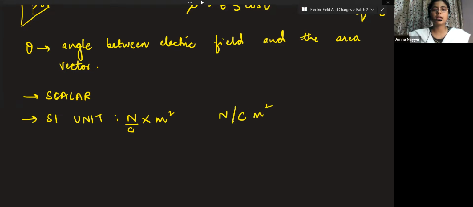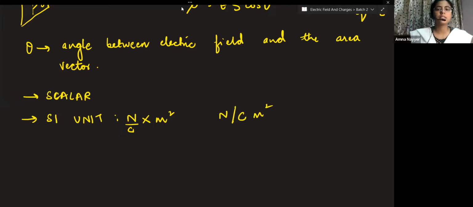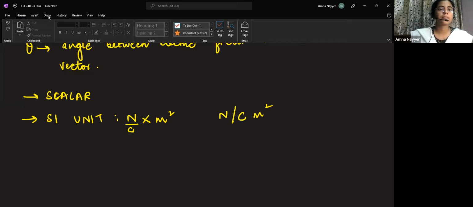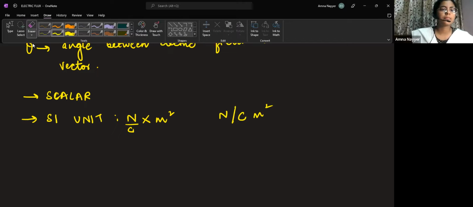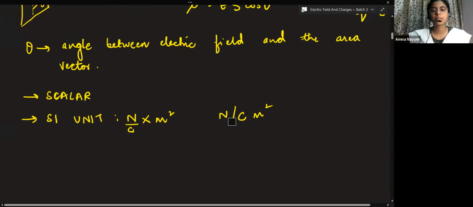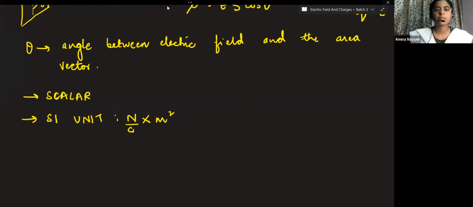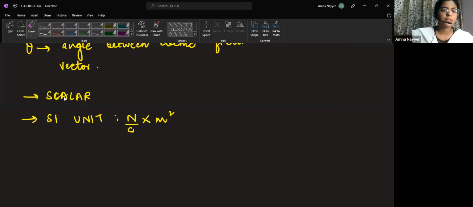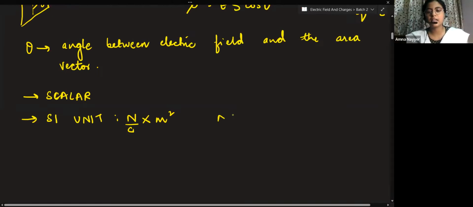Or you can write it in this manner: Newton coulomb inverse meter square, or Newton meter square per coulomb.